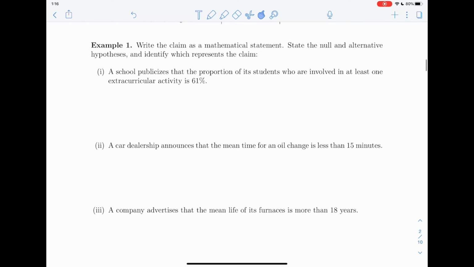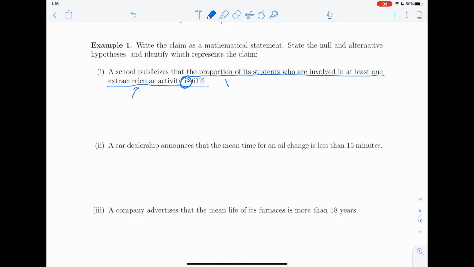So here we have the beginning of an example that's going to run through this entire lecture. We have here that for number 1, a school publicizes that, and here I'm going to underline this, the proportion of its students who are involved in at least one extracurricular activity is 61%. You should interpret this. You see the word is, so that means there's some sort of an equality running around.